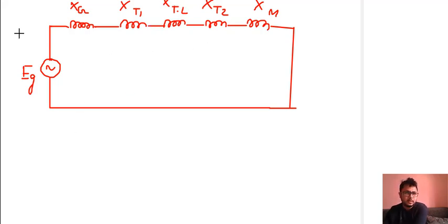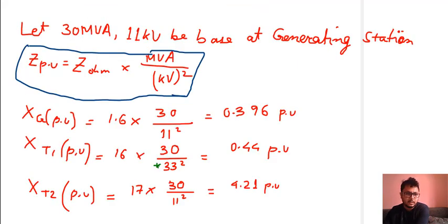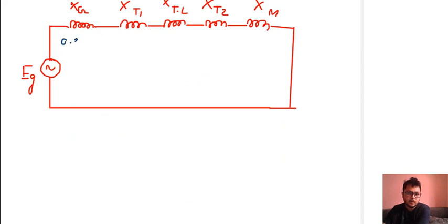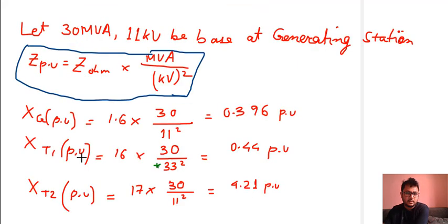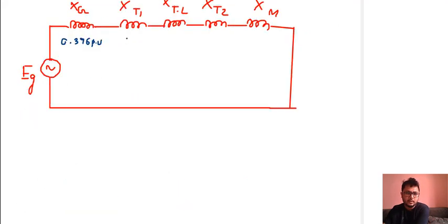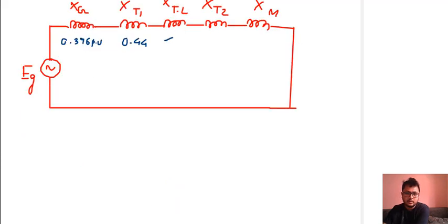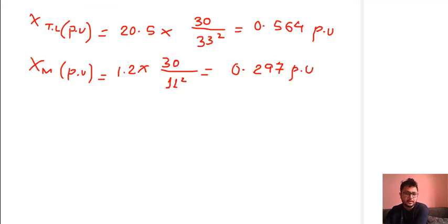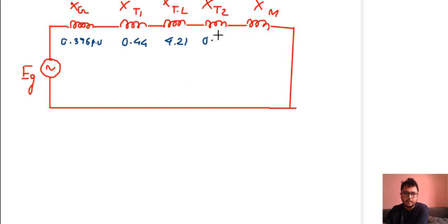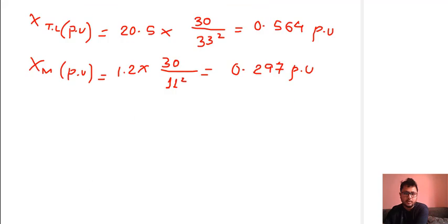Now let me write the values. What are the values we got? How much is Xg? 0.396 per unit. Then the transformer 0.44, and then we have 4.21, then we have 0.564, and lastly we have 0.297.